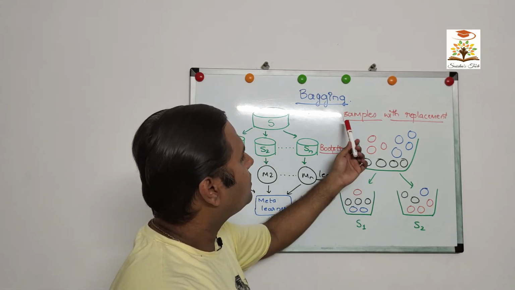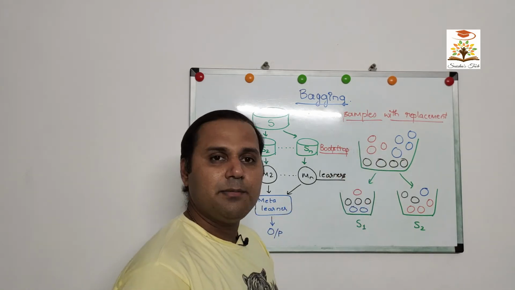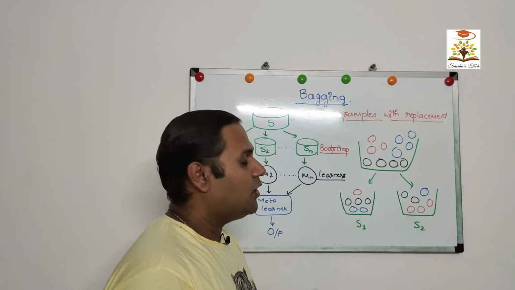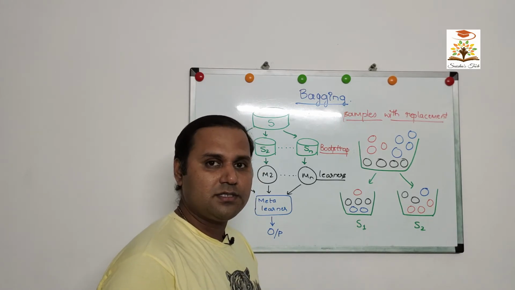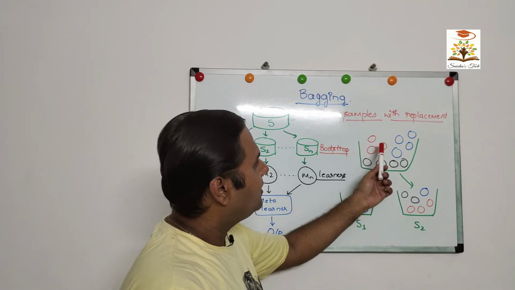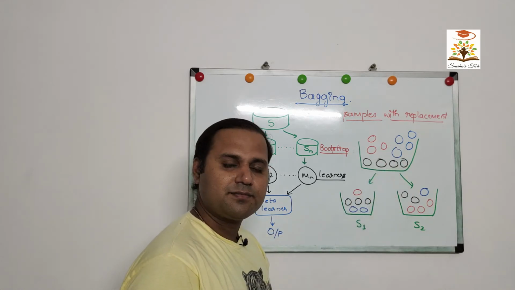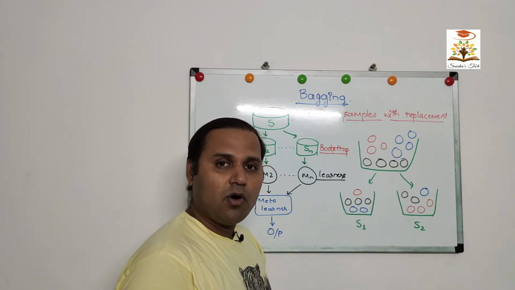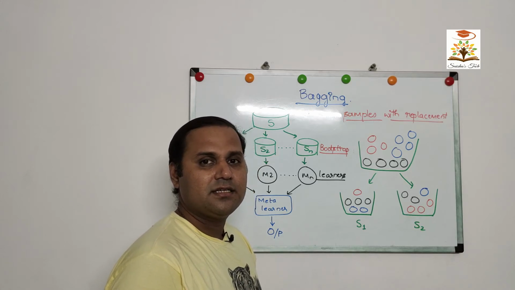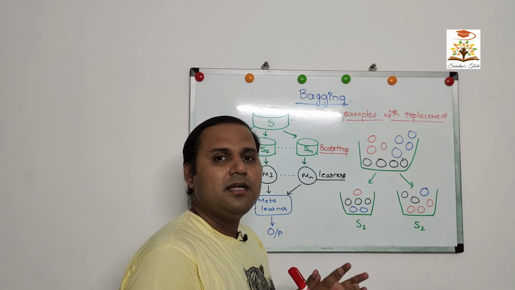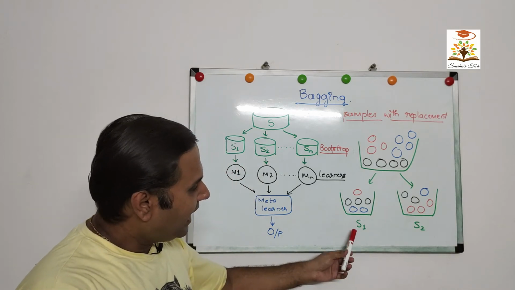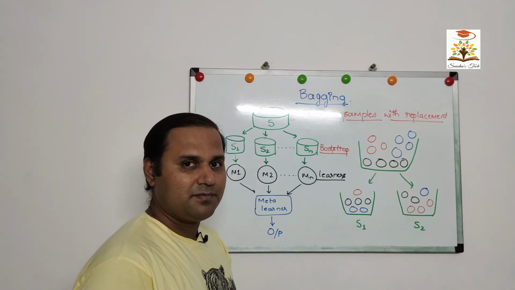The bootstrap technique is also called sampling with replacement. Consider you have a bucket of different color balls like red, blue and black. When you are sampling balls, that is randomly picking up any ball, in this scenario, S1 is a sample.